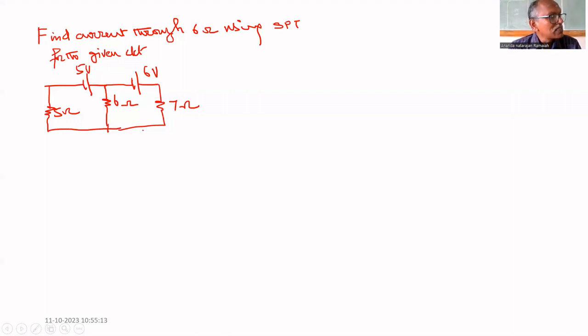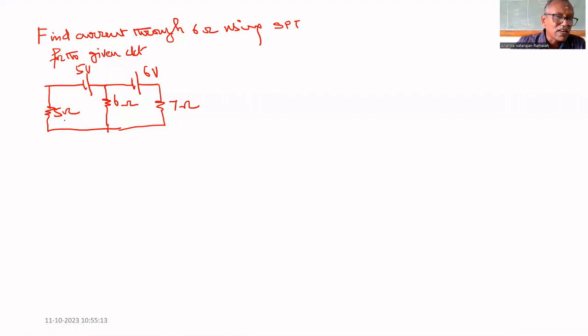For voltage sources, replace by short circuit; for current sources, replaced by open circuit. For current source, we have to open. For voltage source, we have to short circuit.